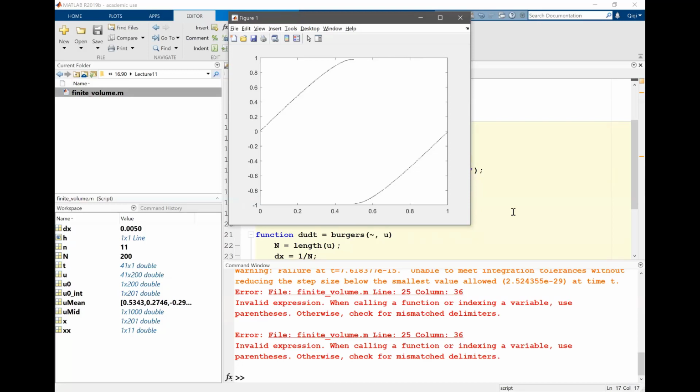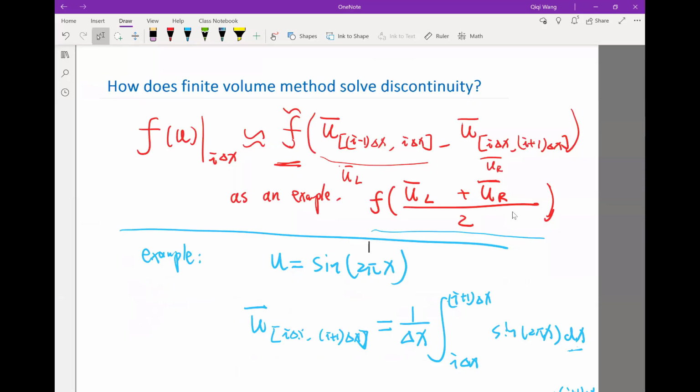Let me give you a little bit more information. Now I want to answer the question of what if we have some non-trivial boundary condition.